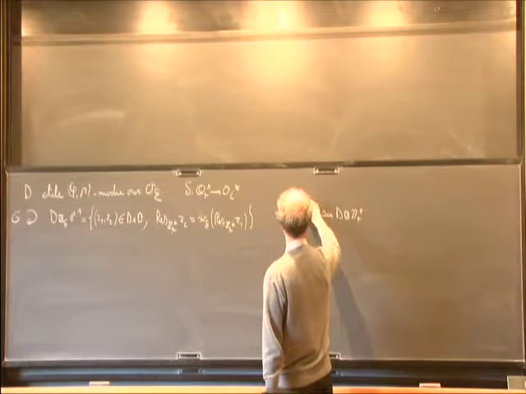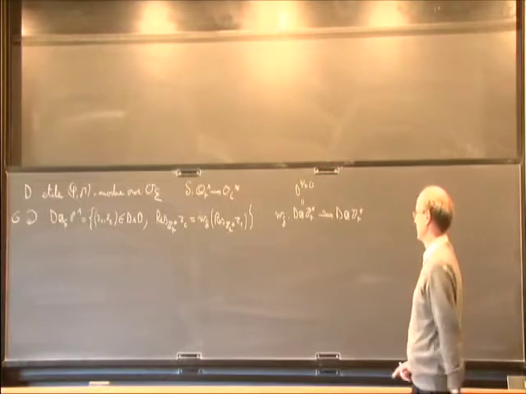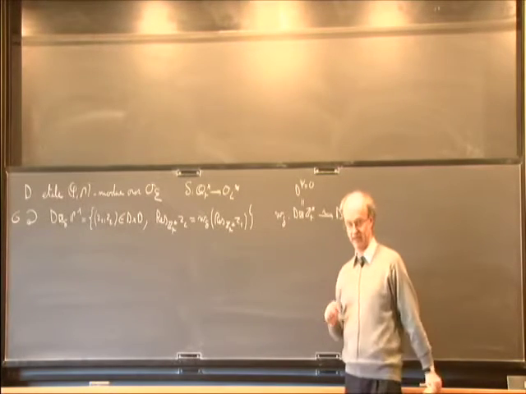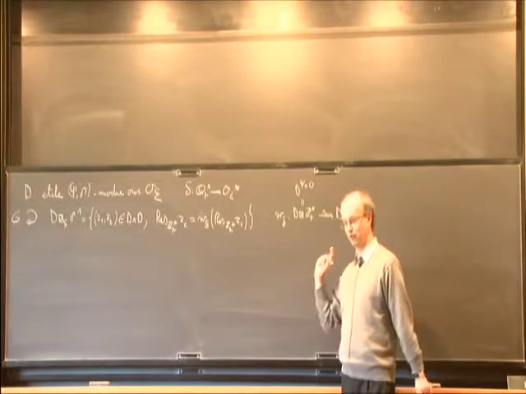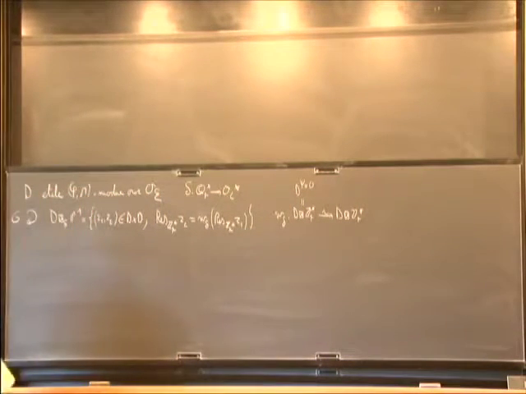And this, I remind you, is just D psi equals 0. And so this was defined by some very ugly formula that I'm not going to repeat because I don't use it. But you have an explicit formula.